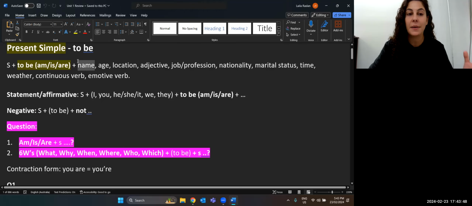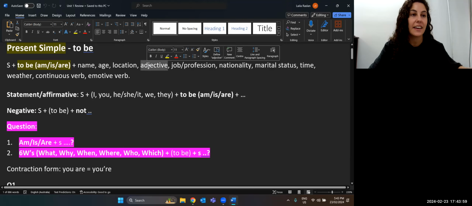Like I am Laila. Is it an age? I am 38 years old. Is it location? I am in Australia. Is it an adjective? I am tall, whatever. I am dark skinned, whatever.